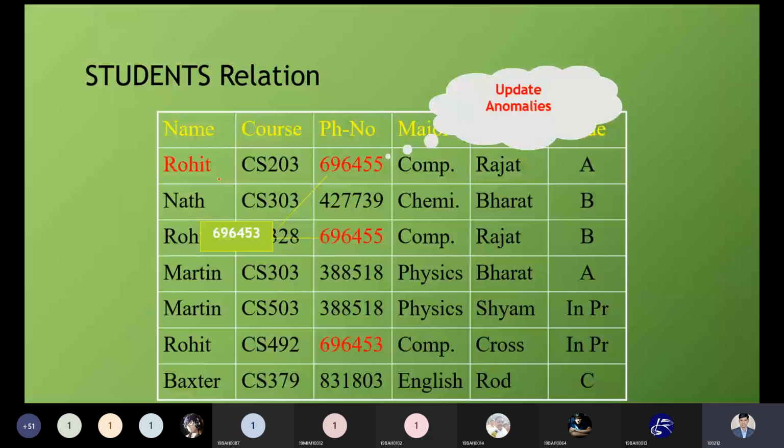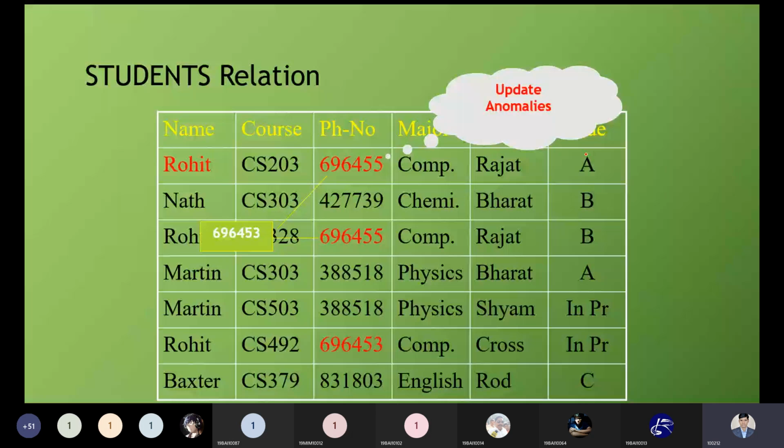We don't know which tuple or which information is to be updated, because now you can see the student name is Rohit, but the phone number is already given here and the professor is Rajat at that time. But you can see Rohit is also here and the professor is also Rajat, but look at the grade. From this point, he got an A grade.